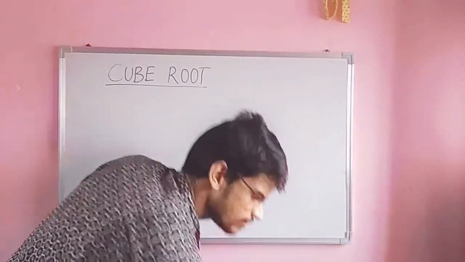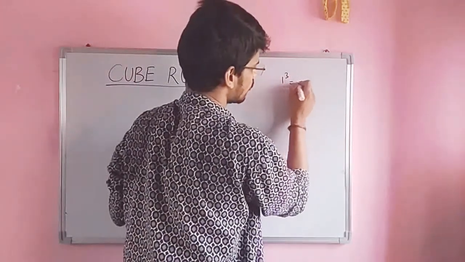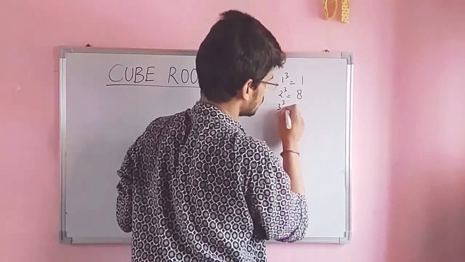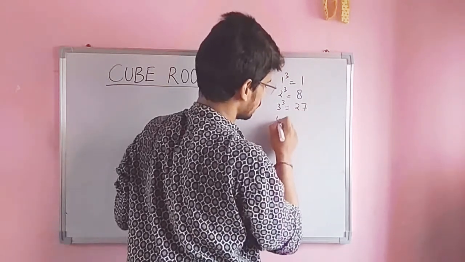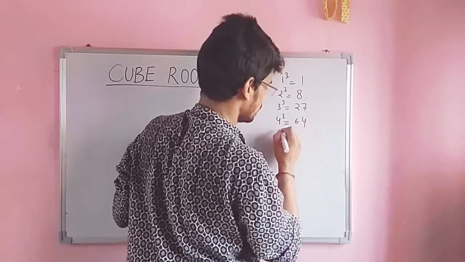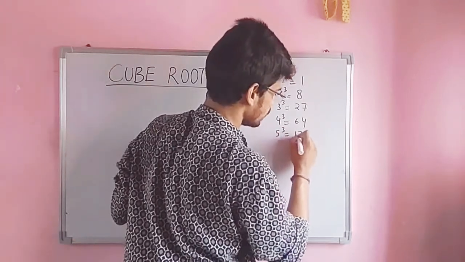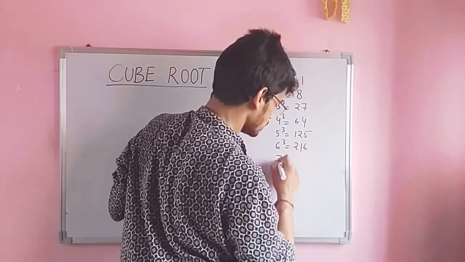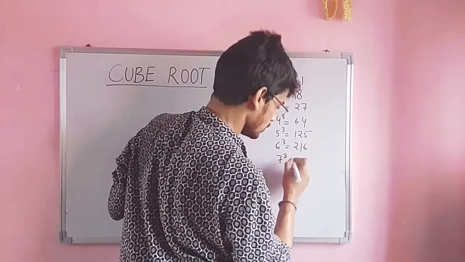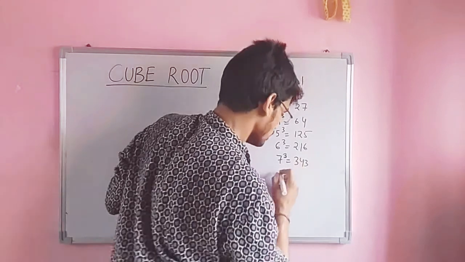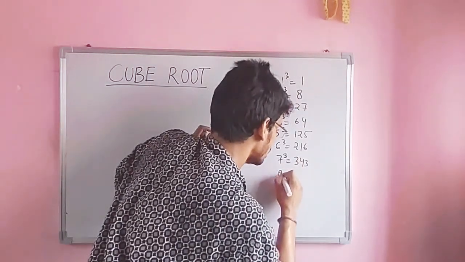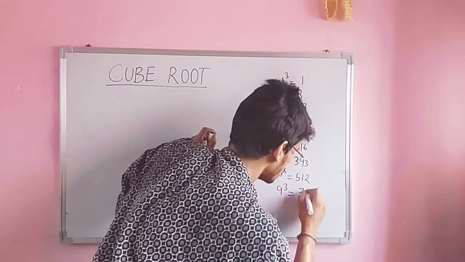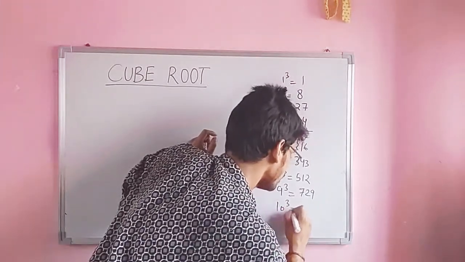We know some cubes. 1's cube is how much? 1. 2's cube is 8. 3's cube is 27. 4's cube is 64. 5's cube is 125. 6's cube is 216. 7's cube is 343. 8's cube is 512. 9's cube is 729. 10's cube is 1000.